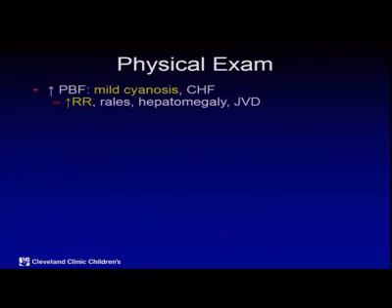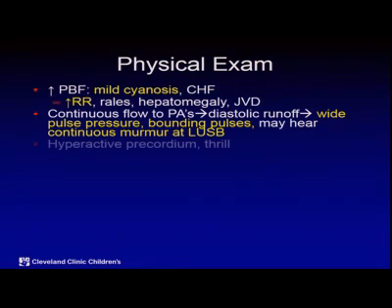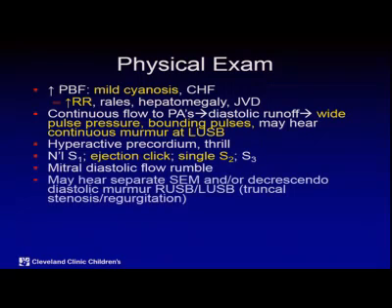Because of that, they typically will have excessive pulmonary blood flow, and because of their excessive pulmonary blood flow, they may not have as much cyanosis as some other cyanotic heart defects, but they will typically have a lot of issues with heart failure. There's too much pulmonary blood flow, so they have hepatomegaly, jugular venous distension, tachypnea. Because of the continuous flow, you will typically have a continuous murmur and bounding pulses. So this is another one that produces bounding pulses. I'm going to skip through those.